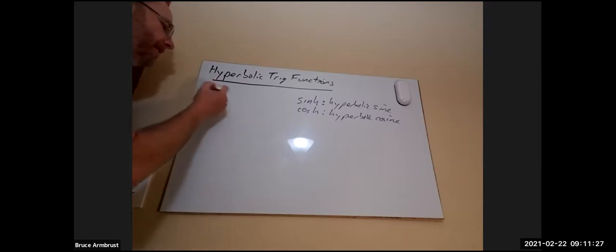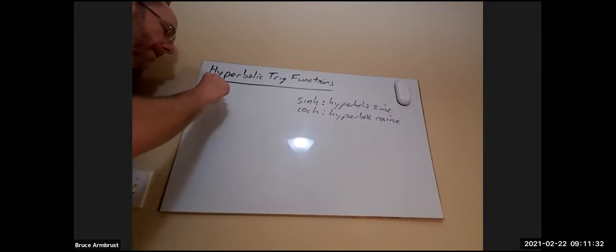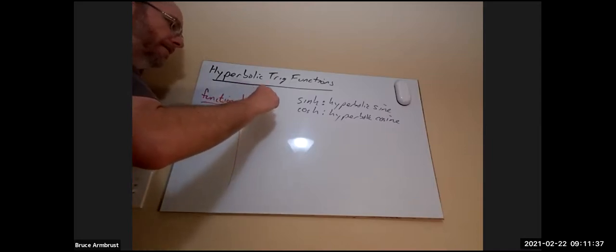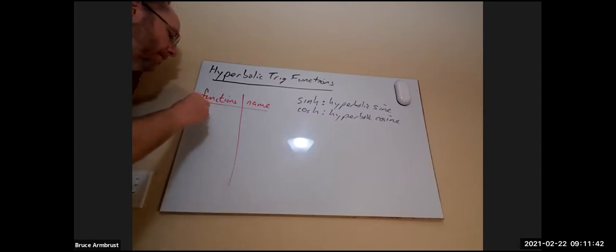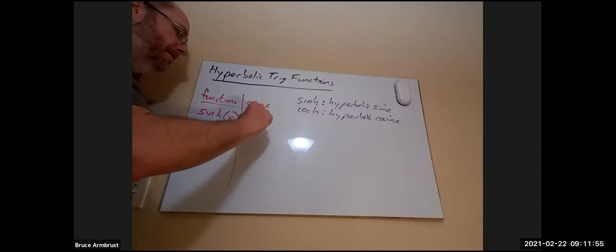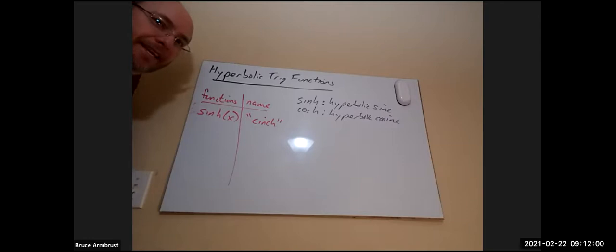Okay, so here are your different trig functions. So your hyperbolic names. And I'm going to put here the name, like what we actually say, the words that we say. All right, so the first one, the hyperbolic sine, we call this cinch, as in you're cinching up your pants.